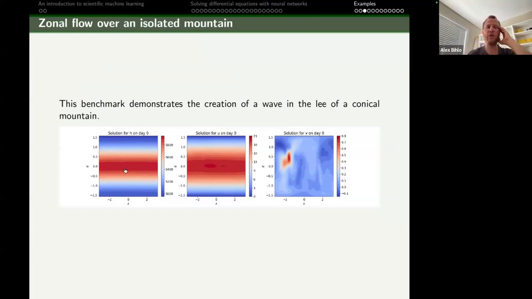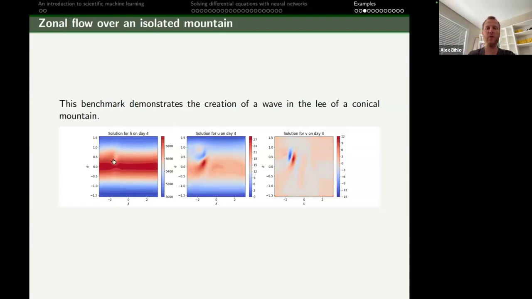And you have some initial distribution of your water height. And there is a little mountain sitting here. I don't show the mountain, but there is a mountain here. And what should happen is that as the flow hits the mountain, it starts to create waves.